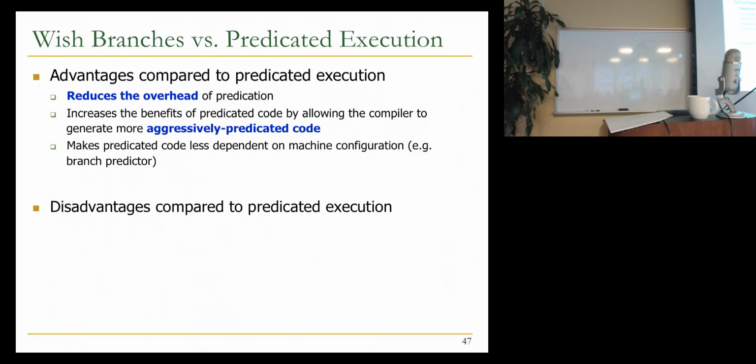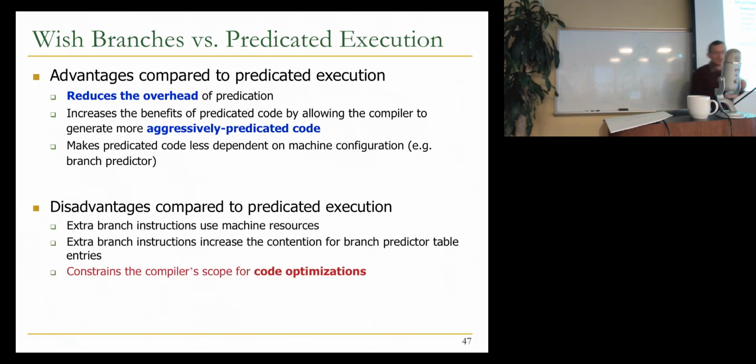But you're still running the same code. If you have the ability to adapt between branching and predicate execution, then you can be much better. You're much more backward compatible. The predicated code's performance is less dependent on the machine configuration now.